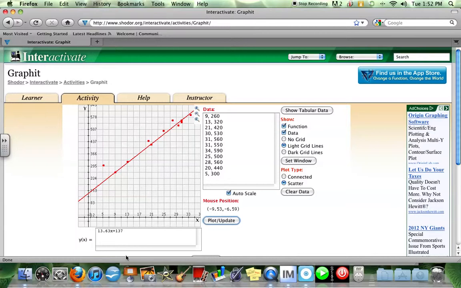No. If we change our slope to 16, what do you think is going to happen? It's going to get steeper. You're right. Good. All right, so that one does look like it fits pretty well.